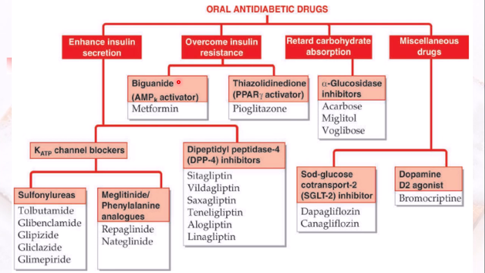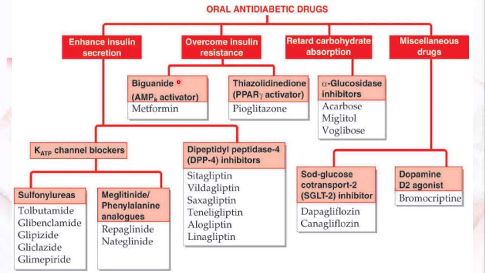So biguanides prevent the conversion of glycogen to glucose. Another thing is they prevent or reduce intestinal absorption of glucose by activating this AMP kinase, right? Biguanide is an AMP kinase activator.